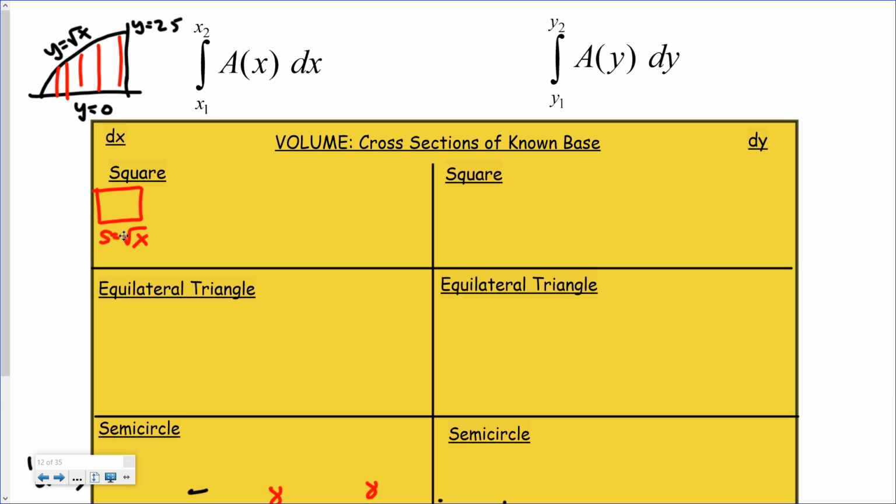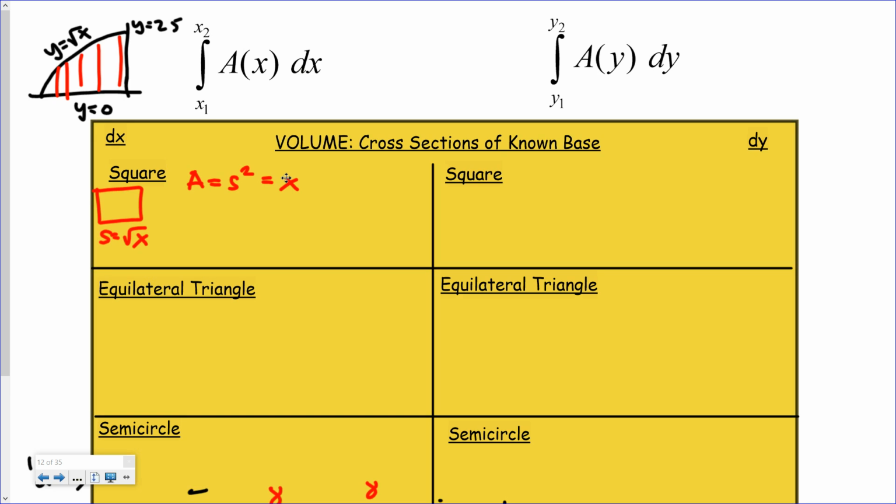It'd be square root of x minus 0. Everybody good so far? Well, if one side is square root of x, what's going to be the area of the square? Wouldn't that be s squared, which would just be x? It'd be square root of x times square root of x, which would just be x.